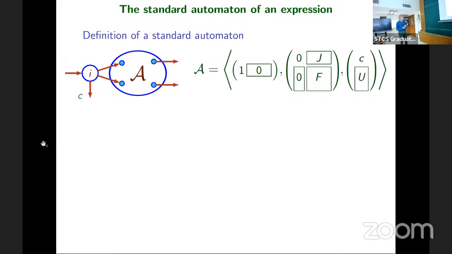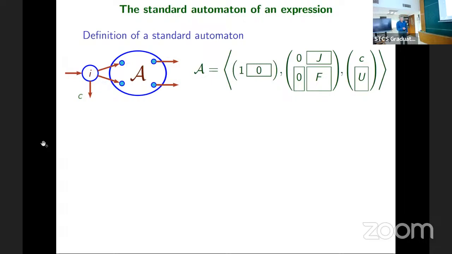So the standard automaton is an automaton with one initial state that may be final or not. Okay. And no transition arrives in the initial state. And then you have the normal automaton with final states. But now it's a true automaton because there is no epsilon transition, only letter transitions.